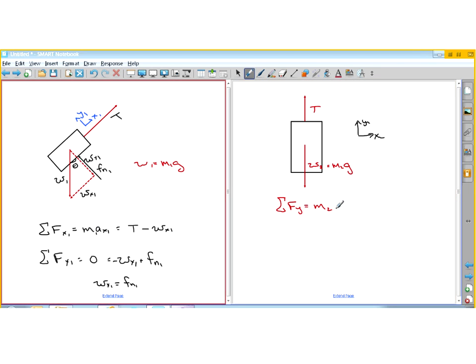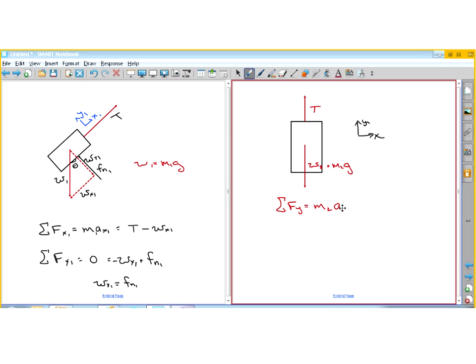Okay, so we have M2 times A sub y2 is equal to the sum of the forces. T is going up, W2 is going down.